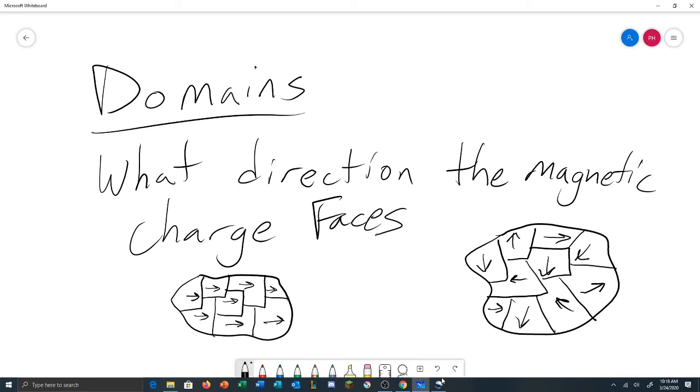Magnets are caused by all of the domains, all the magnetic charge, facing in the same direction. That is a magnet. It has a magnetic charge, not necessarily electric. You can create a magnet with electricity because it's all the flow of electrons. That's what magnetism is. Now, remember, this is a magnet, this is not.